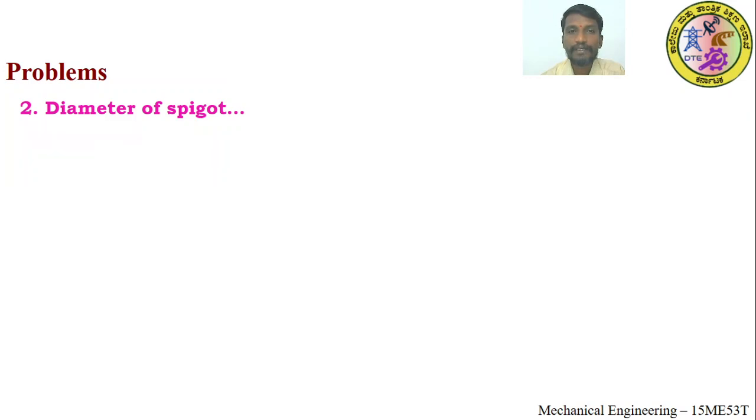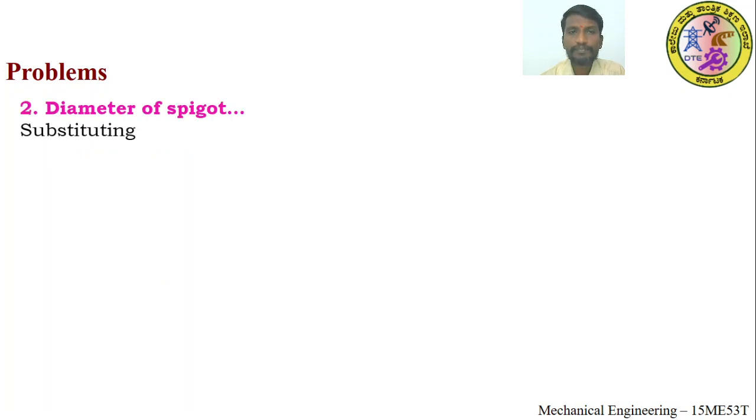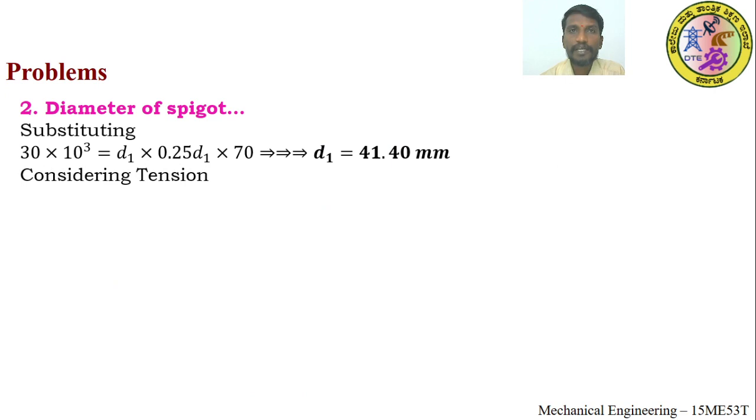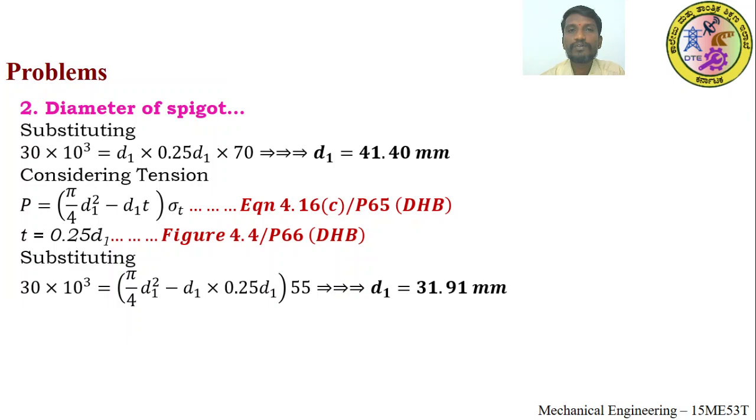That is by applying crushing. Initially we found 35 mm as per the formula, and by considering crushing, we get 41.4. And again, considering tension, equation number 4.16c on page number 65, and t is considered as per figure number 4.4 on page number 66, and substituting, we get the diameter d1 is equal to 31.91 mm.